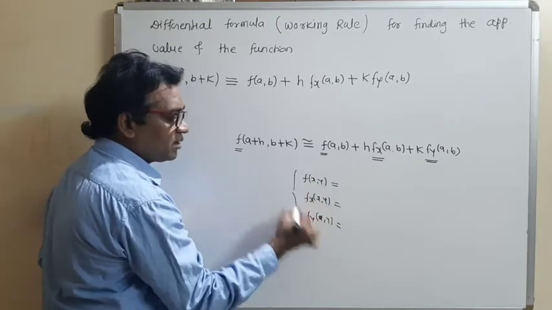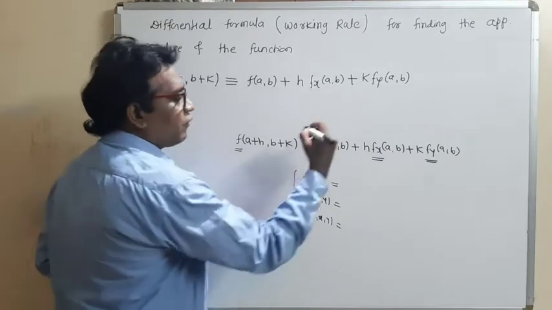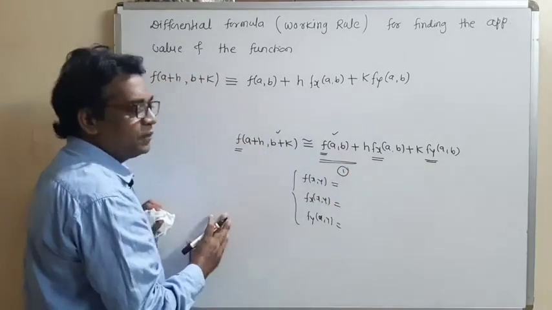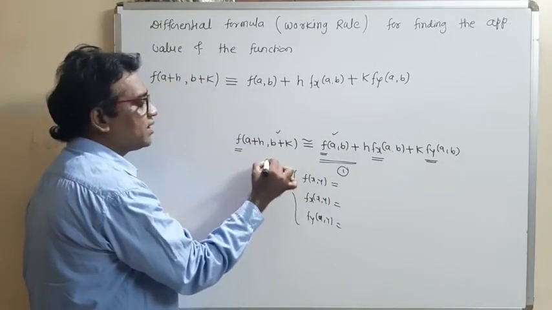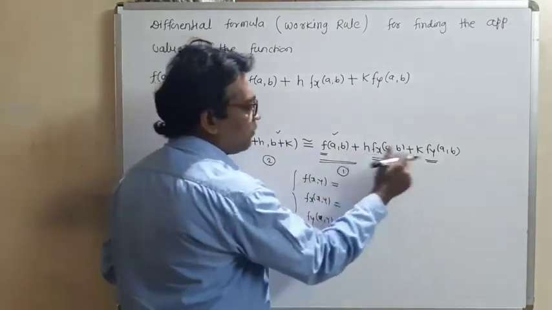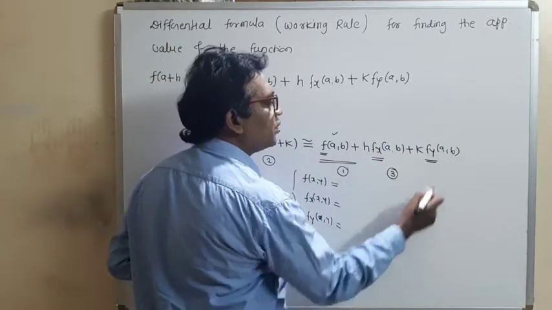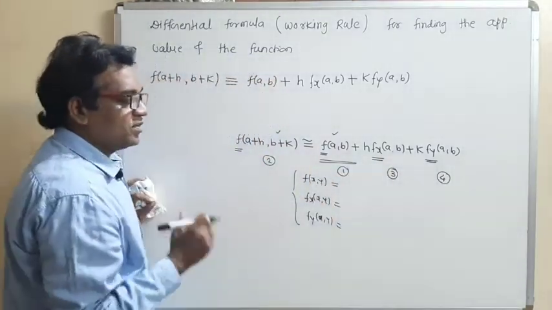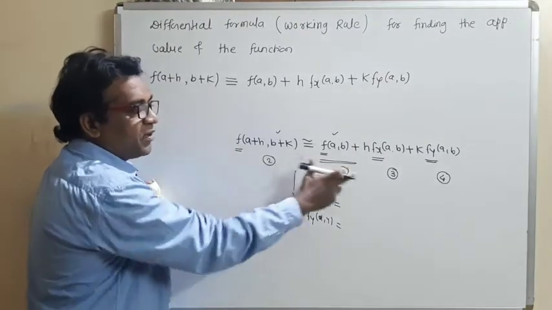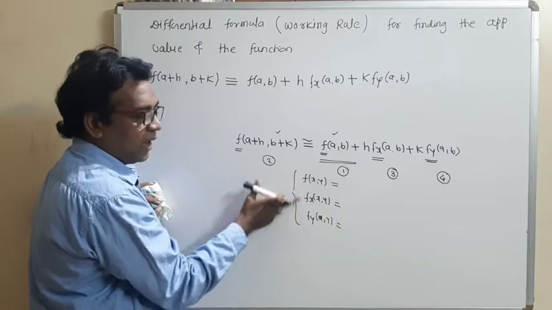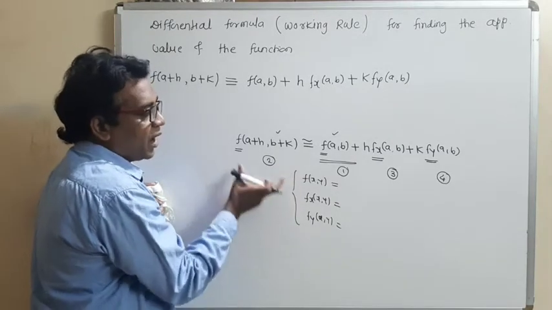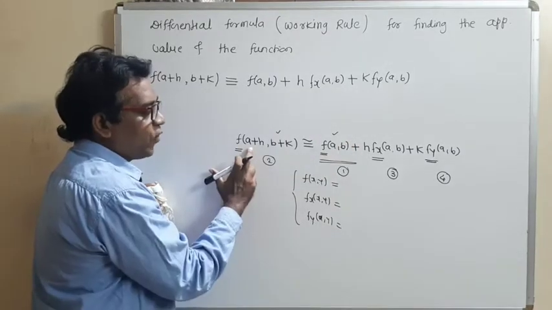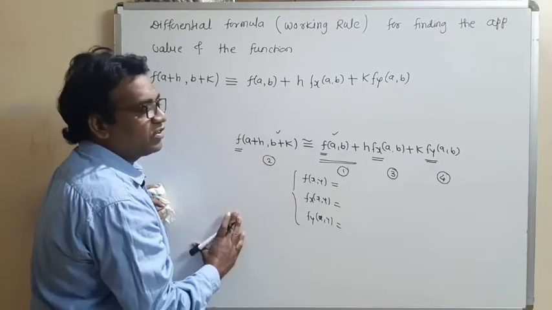So in all, there are three functions, and there are four functional values. F at ab is the first functional value. F of a plus h, b plus k is the second functional value.